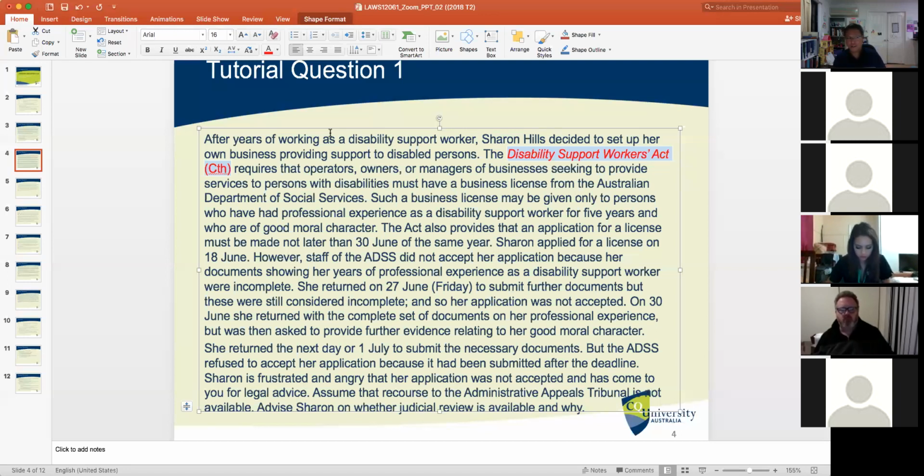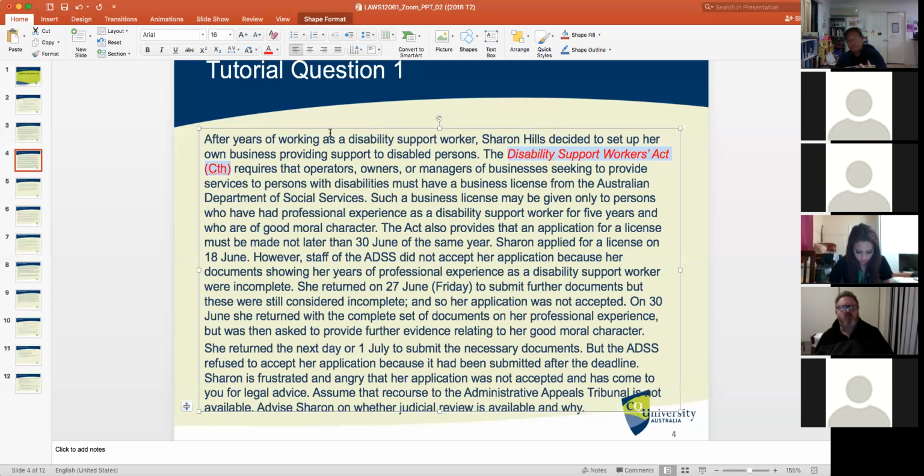And we will learn later on that for there to be a reviewable decision, that decision must be operative. In other words, it has to affect a right. It must be substantive. In other words, it cannot be procedural. So an example of a procedural matter would be whether or not you should be given a lawyer, or whether or not there should be an extension. So we're gonna get into that later on.